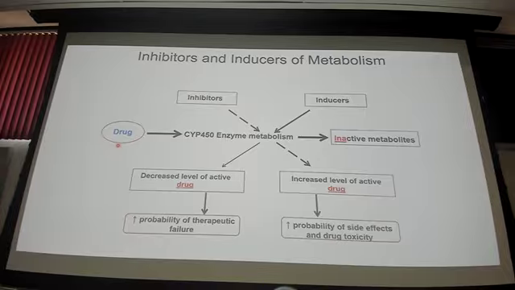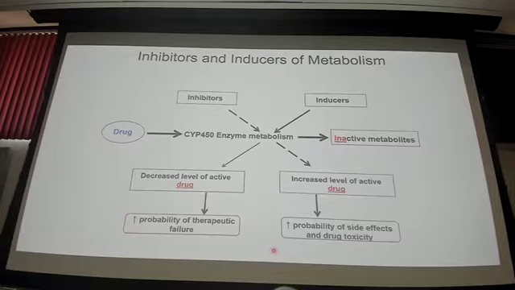Under normal conditions, the drug is metabolized by the CYP enzyme to an inactive metabolite by itself. If you co-administer an inhibitor, it's going to inhibit this enzyme, which will cause increased levels of this active drug and potentially this one as well. And so that's going to cause an increased likelihood of side effects and drug toxicity because the drug is not being broken down.